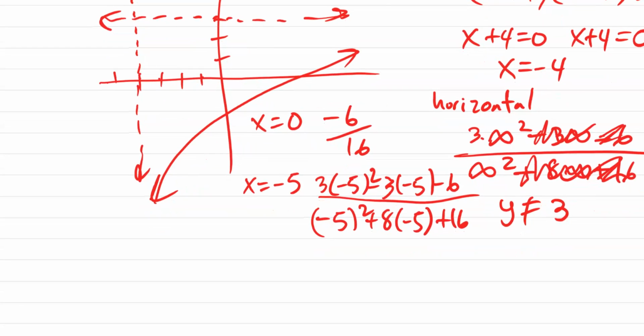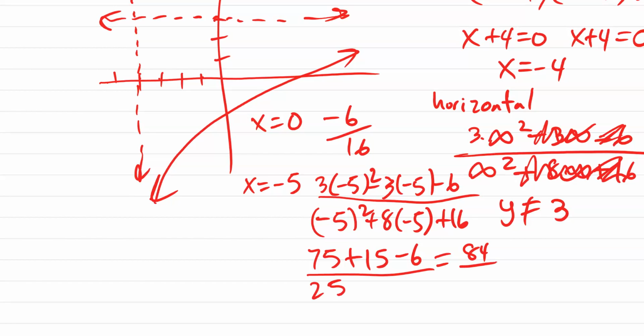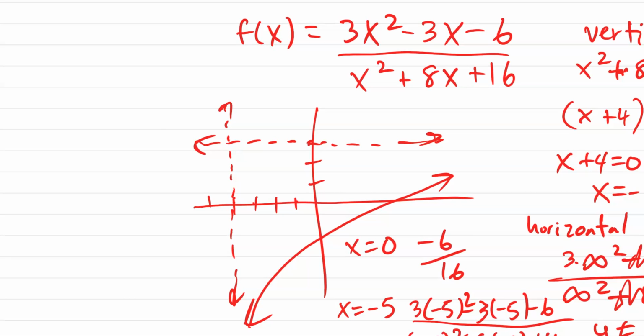On the top, what do we have? Geez, 75 plus 15 minus 6. 90 minus 6 is 84 over 25 minus 40 plus 16. I think that's just 1. Yep. So positive. Jeez. Way up here.